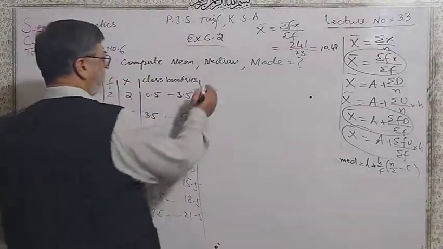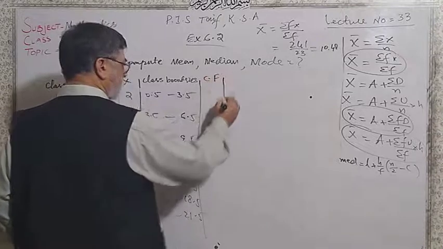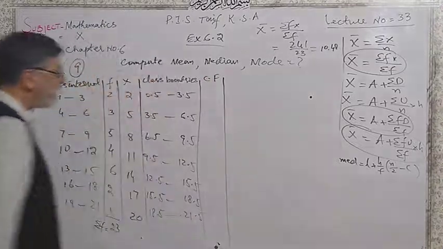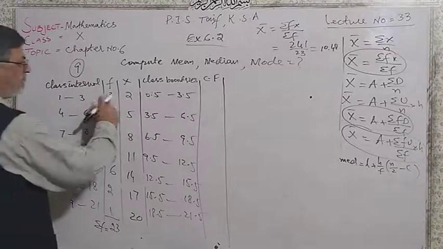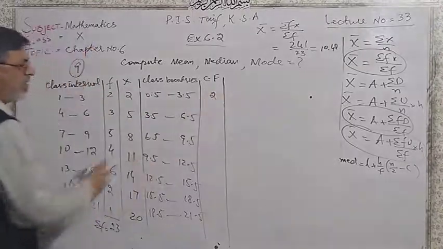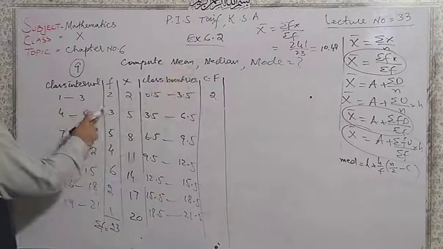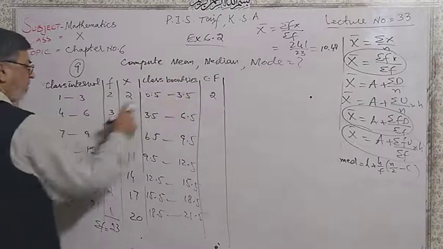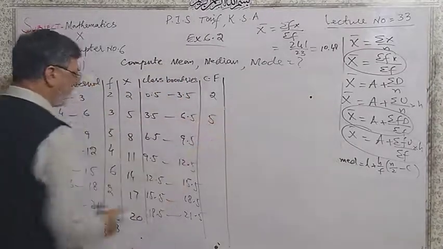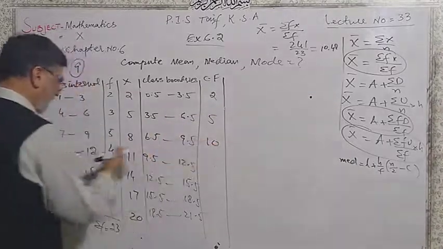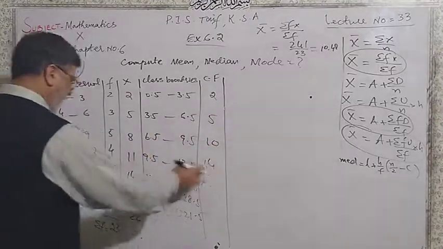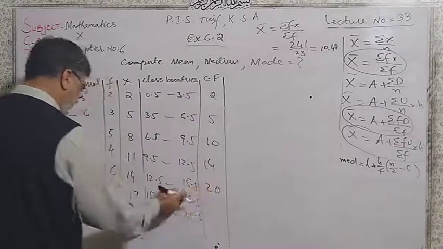After that we will make cumulative frequency. In case of cumulative frequency, you will write down the first frequency as it is, then add this frequency to the next. 2 plus 3 is equal to 5. Then 5 plus 5 is 10. 10 plus 4 is 14. 14 plus 6 is 20.